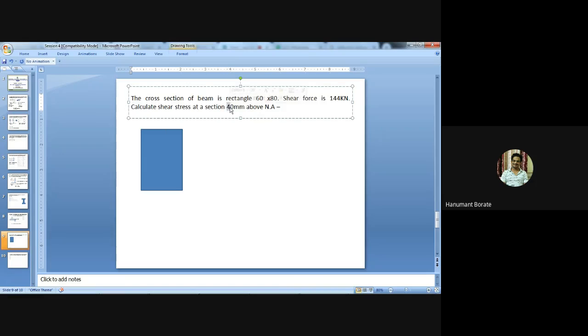Above or below it will be the same, 20 mm above the neutral axis. Okay.